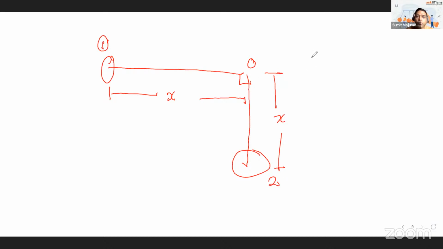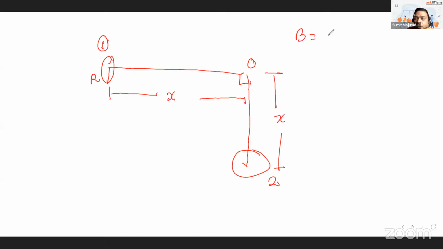So because of loop 1, and is there anything else that is given? No. Okay. So let us say that the radius is R, capital R, of each of the loops, and this distance is X.